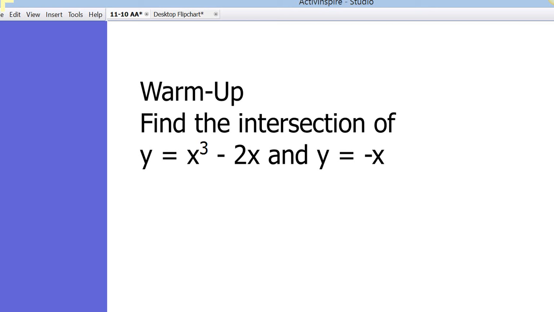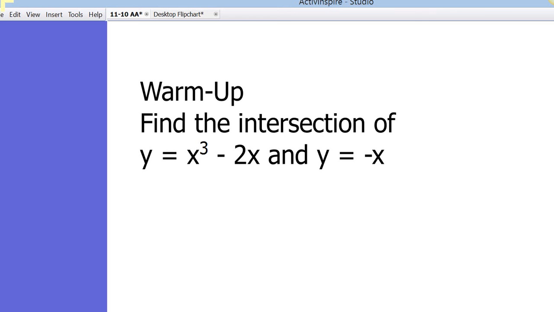Alright, so a geometric sequence. Well, we found the x's. My bad. We also need to find the y's. Which one is going to be easier to plug these into? This function or this function? The first one. So, plug in 0, what do I get? 0. Plug in -1, what do I get? Positive 1.